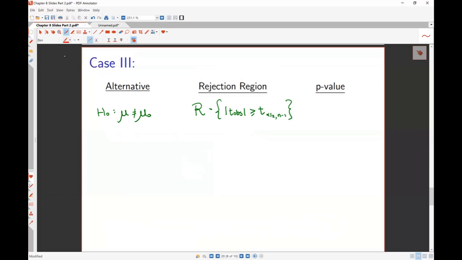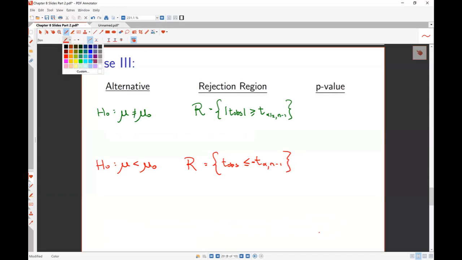Similarly, if you're doing a one-sided test and you say mu is less than mu naught, then your rejection region is going to consist of all values t observed less than or equal to negative t reference value with area alpha to the right and n minus 1 degrees of freedom.